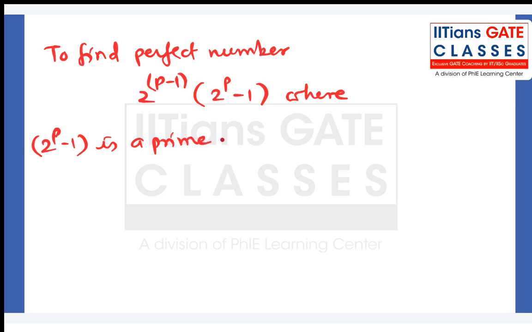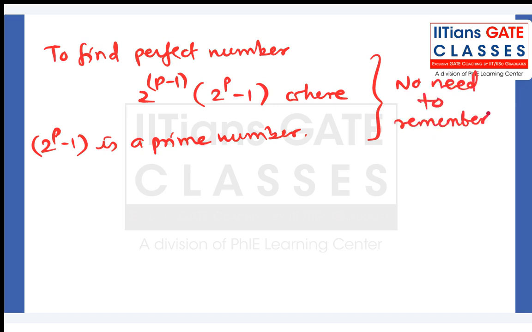Only then will the product you get be a perfect number. No need to remember this formula, but since we are solving it, I thought I'll just tell you. This is also called the Euclid-Euler theorem.